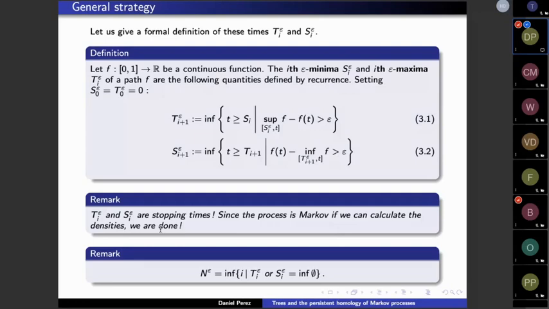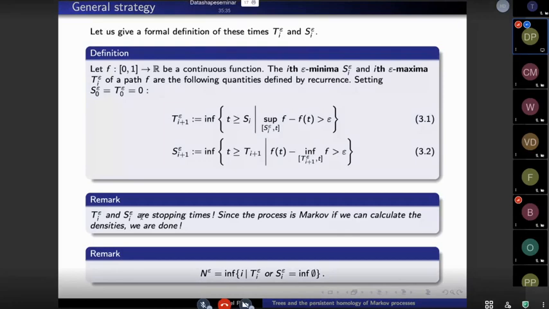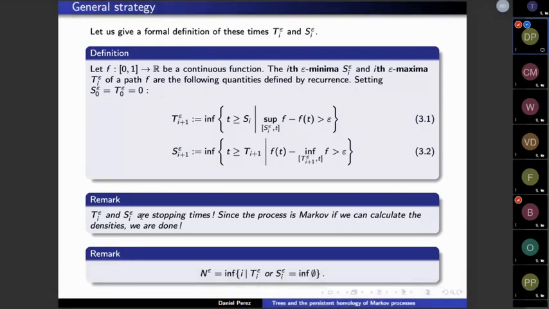And in fact, it turns out that these T_i^ε and S_i^ε are actually stopping times. And so it follows that since we're studying Markov processes, this is nice because essentially they're all independent from each other. And so provided that we can calculate the densities of these stopping times, then in principle we have access to the law of the process that we're trying to study, as we only need to count the number of these T_i and S_i.